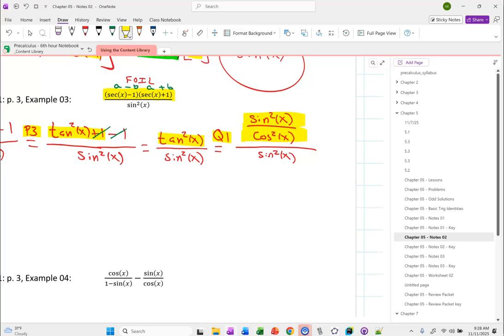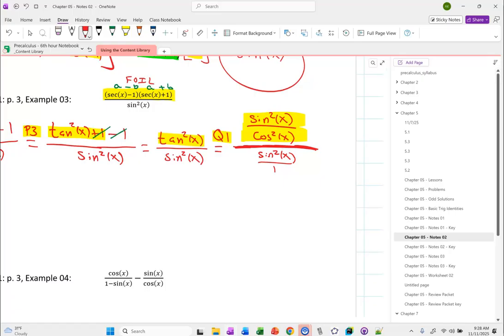But if I look at this closely, I do have a like term in the fraction. What's a like term in the fraction? The sine squareds. So I'm going to think of this as my big fraction that contains two little fractions.